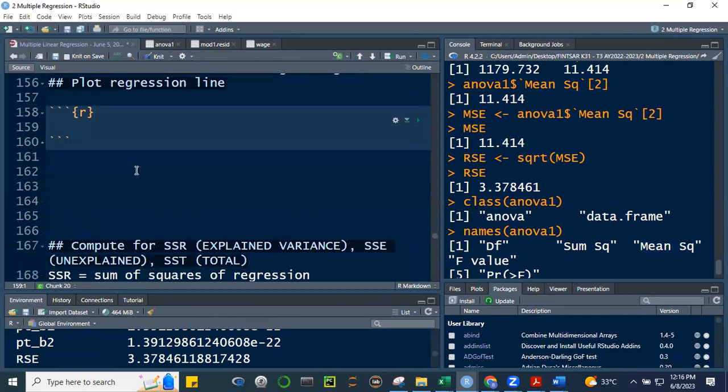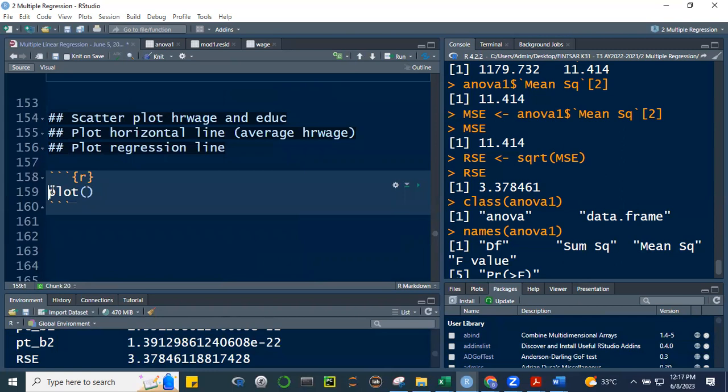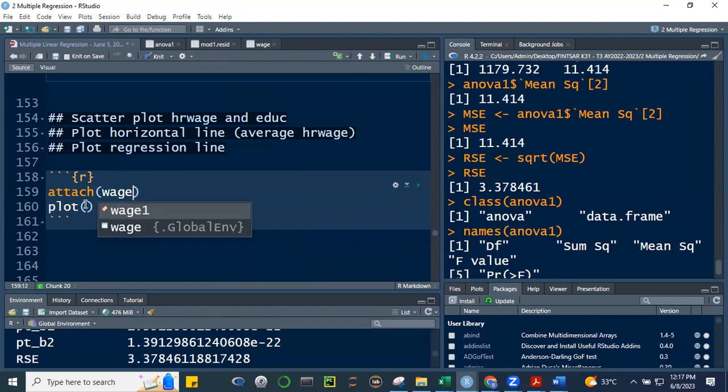So let's plot. Let's attach wage first so that we don't keep using the name.